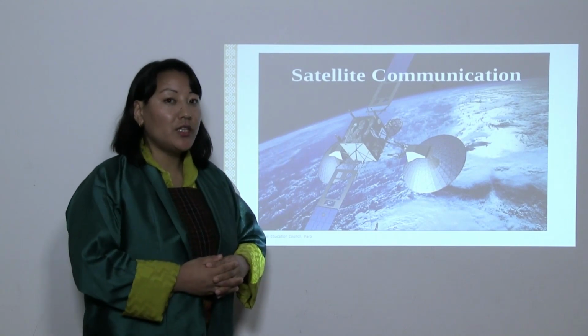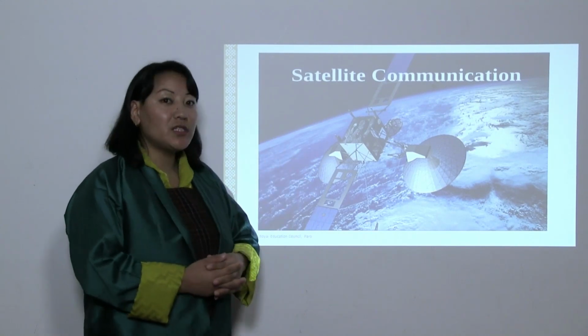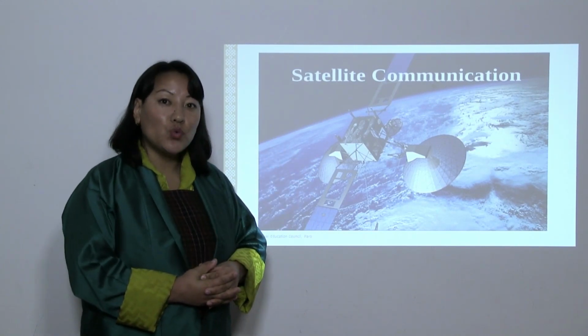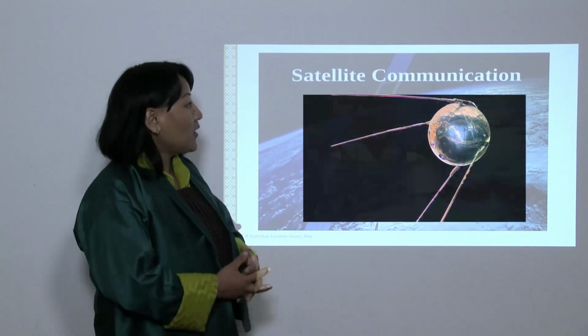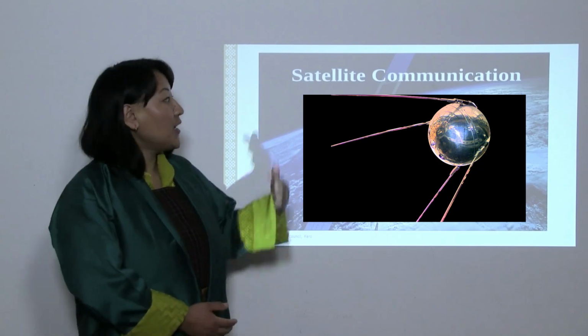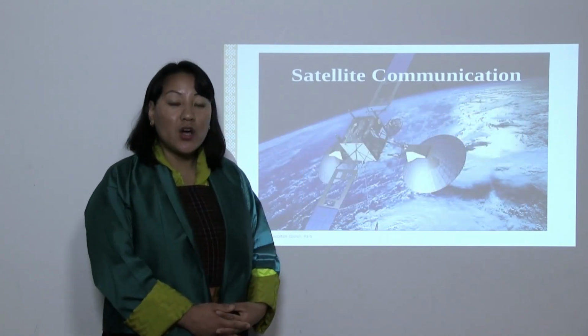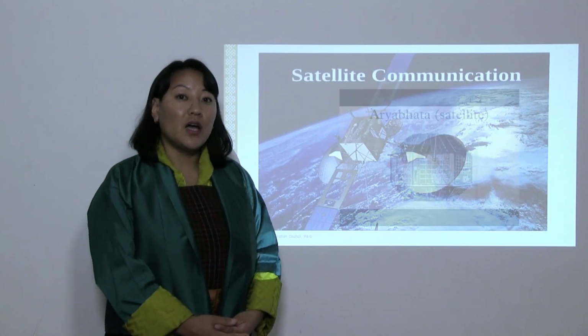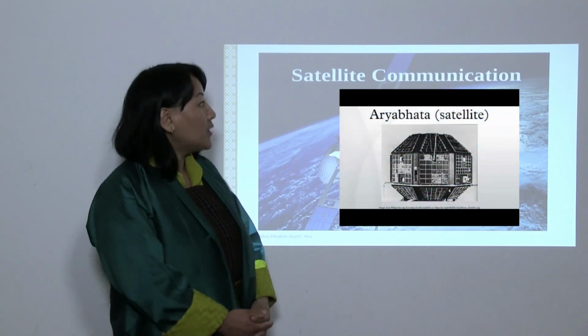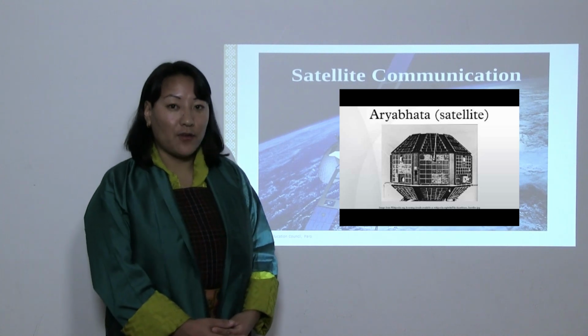The Soviet Union introduced the first artificial satellite of the world in the year 1957, named Sputnik 1. After 18 years, India also launched its artificial satellite named Aryabhata in the year 1975.